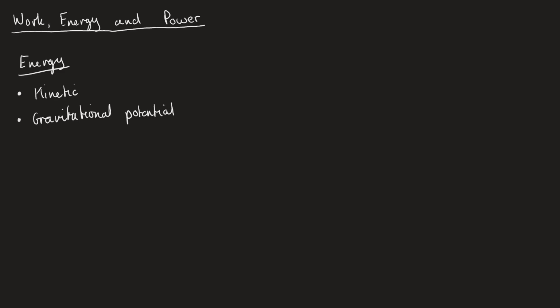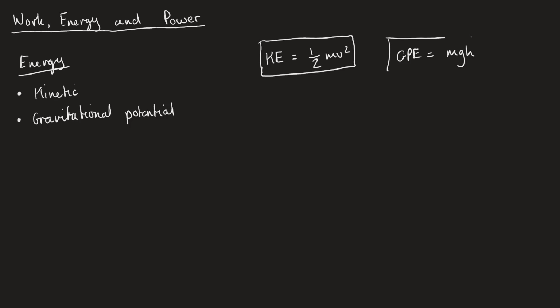We should already be familiar with some equations for these two in order to quantify them. So kinetic energy is a half mv squared, and gravitational potential energy is m times g times h. Okay, these two can be found on your formula sheet. Okay, but I will talk through these in more detail.